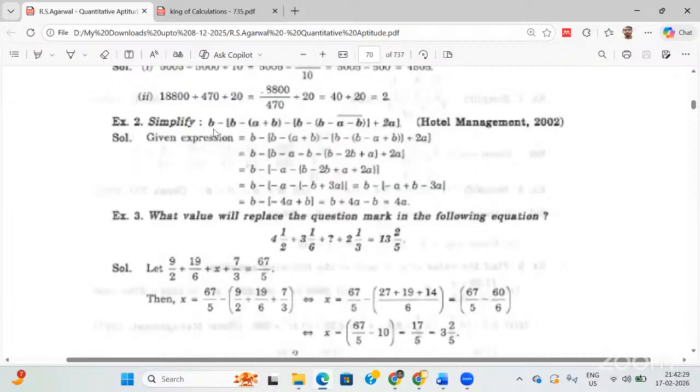In case it is b minus, square bracket, again b minus, the first or round bracket, within bracket a plus b, within parenthesis you can say, again minus, then this is the second bracket.